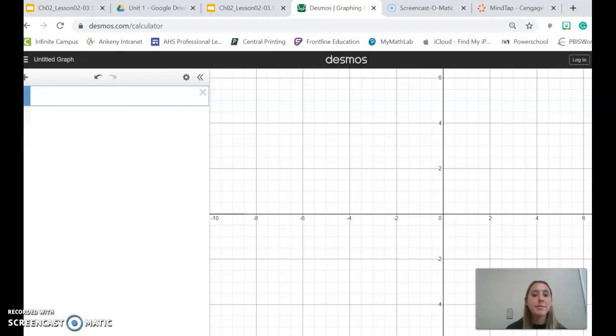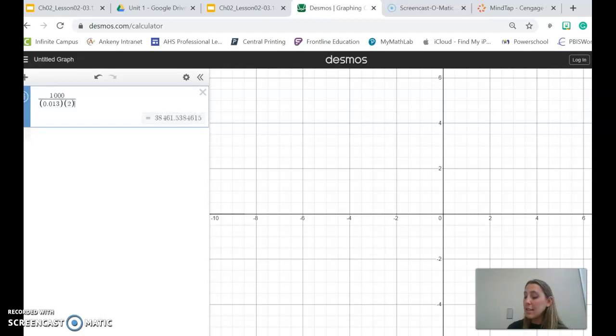Let me show you how you can write this in Desmos. Now I'm in Desmos, and I'm going to type that exact equation in my calculator: 1,000 divided by, typed the exact same way I see it, 0.013 times 2.